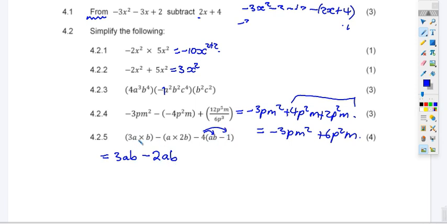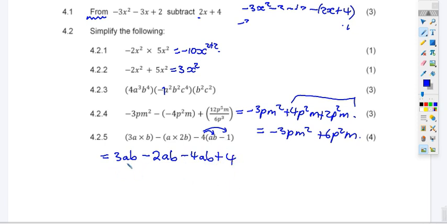Here we have only one term inside. This is two terms. Remember, terms can only be separated by addition or subtraction. So we have two terms in here, so we need to distribute this negative 4. So negative 4 times ab is minus 4ab, and then negative 4 times a negative 1 is a positive 4.